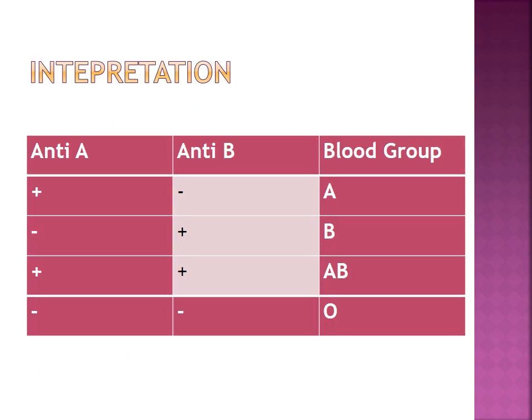If clumps are present with anti-A and no clumps with anti-B, then it is A group. If clumps are present with anti-B and no clumps with anti-A, it is B group. If clumps are seen in both anti-A and anti-B, then it is AB group. And if no clumps are seen, it is O group. O group means 0, no antigen.